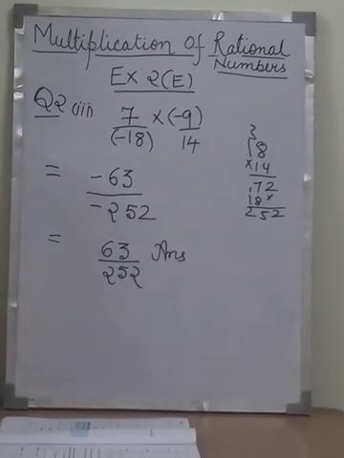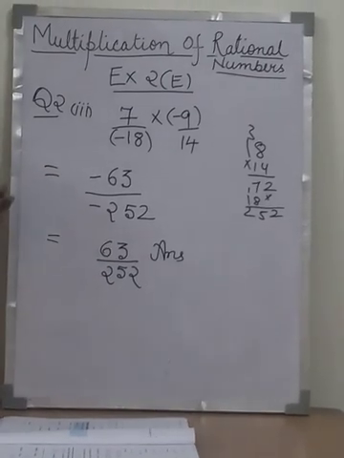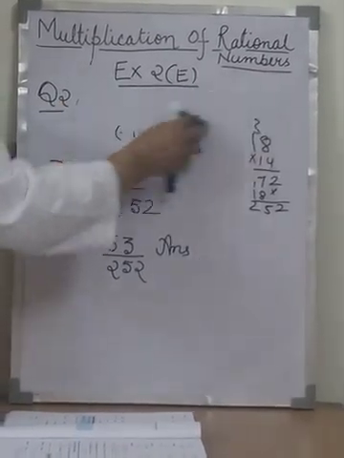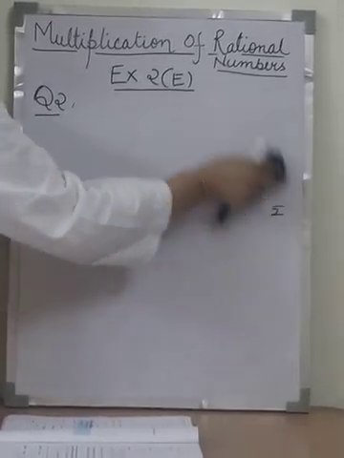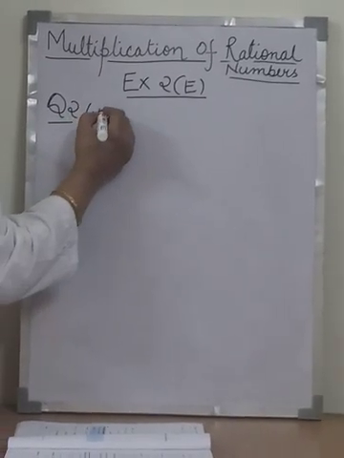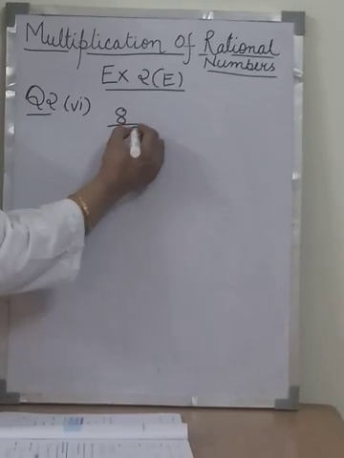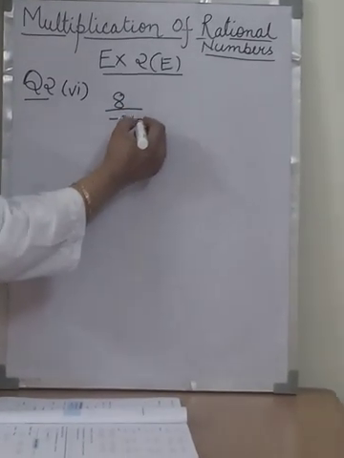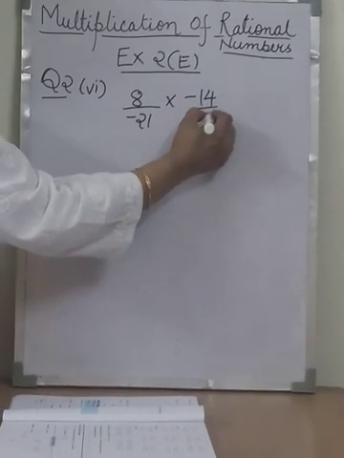Then I discuss question number 2, 6th part with you. In question number 2, you have to simplify the given expression. So what is the expression? 8 upon -21 into -14 upon 3.